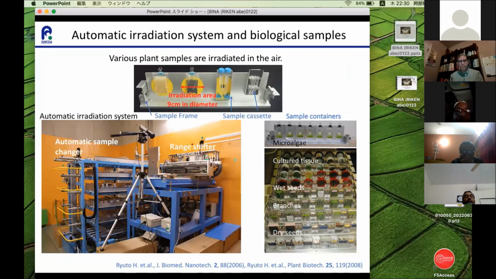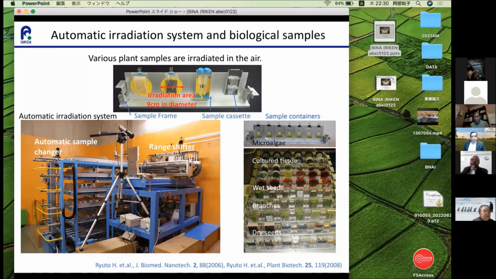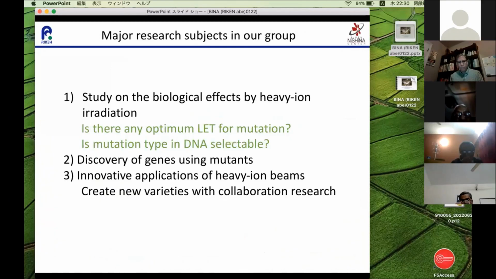We made an automatic irradiation system in the E5 room. Samples are automatically sent to the beam position and irradiated with control of LET and dose using this system. Various plant samples smaller than 9 centimeters in diameter are irradiated in the air.